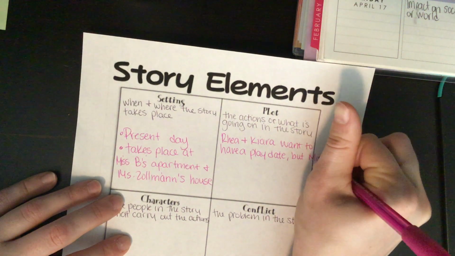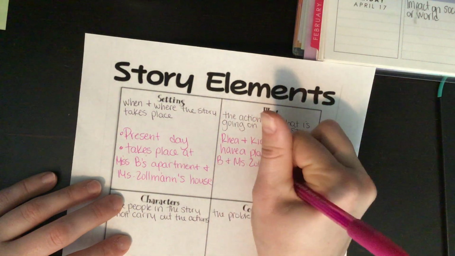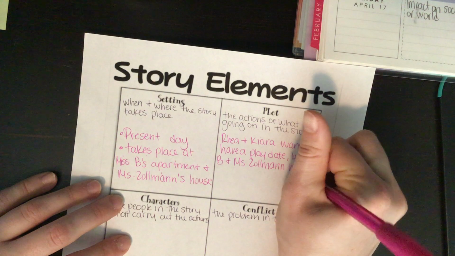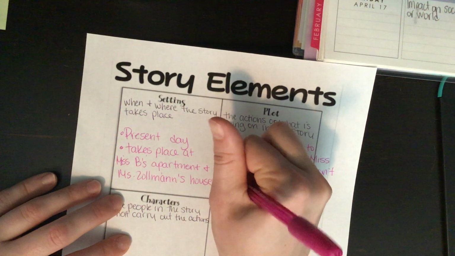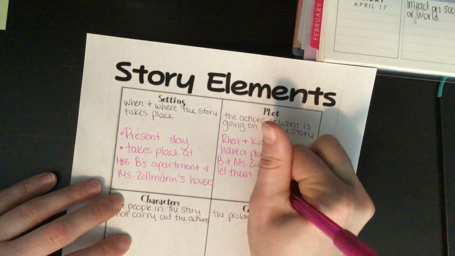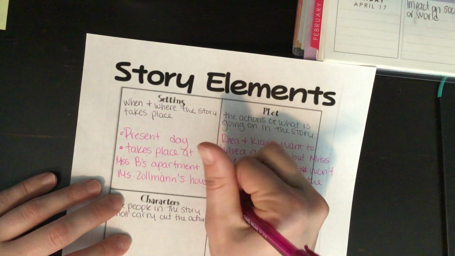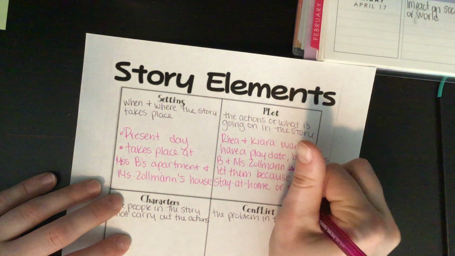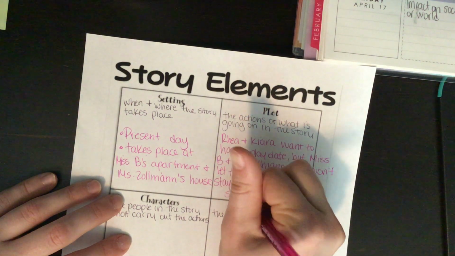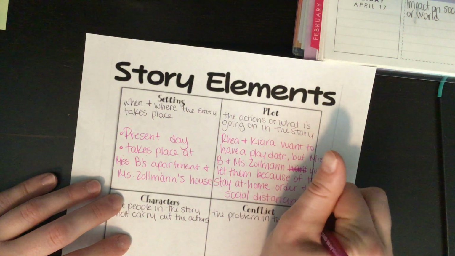But Miss B and Miss Zollmann won't let them because of the stay at home order and social distancing, even for puppies. All right, so I got 2 of them down.